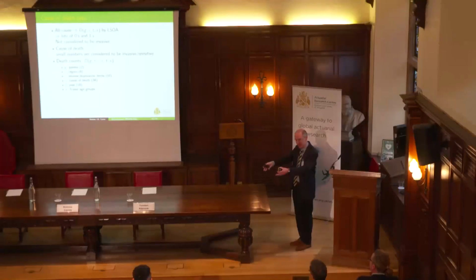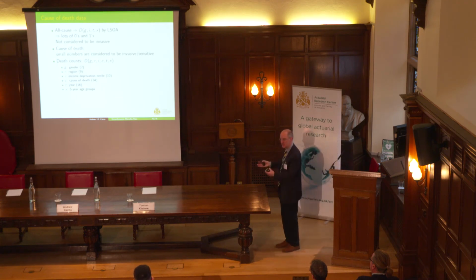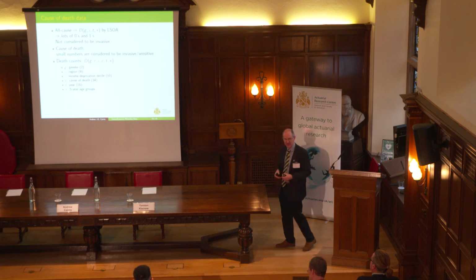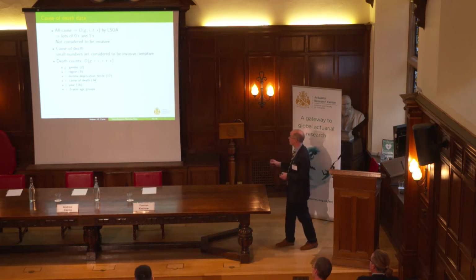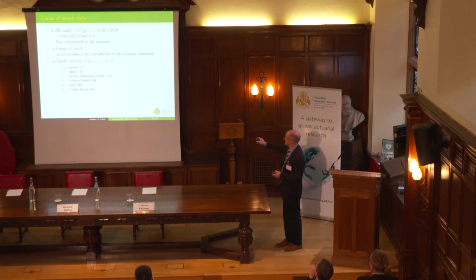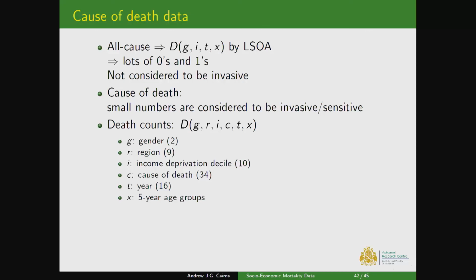Even though the individual is now dead, the information about an individual in terms of their cause of death could be considered sensitive or invasive for the surviving family members of that individual. So for cause of death, we have death counts, but it is even more variables now, and that's by region, because we don't have the same level of detail at the LSOA level. All we have is by region and by income deprivation decile. So I'll come back to that later.